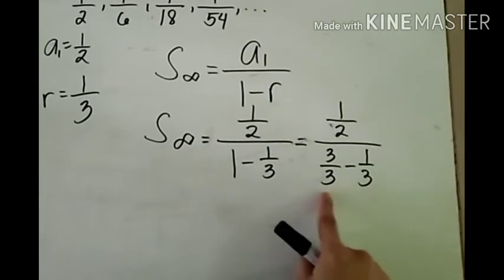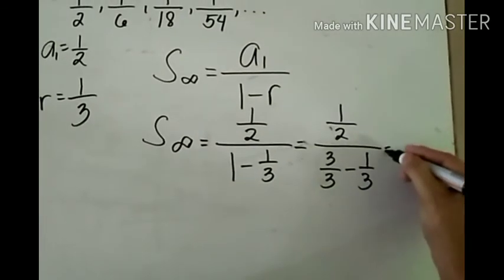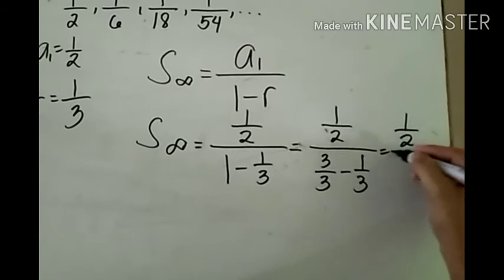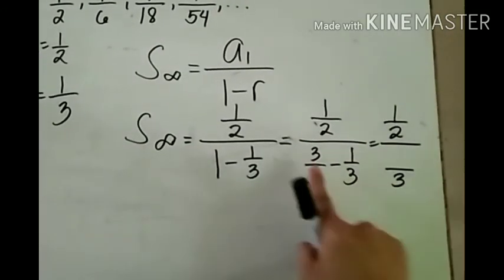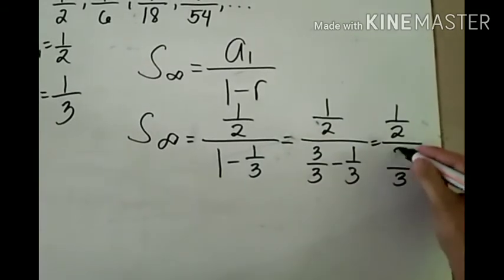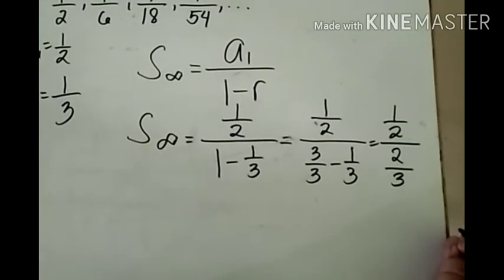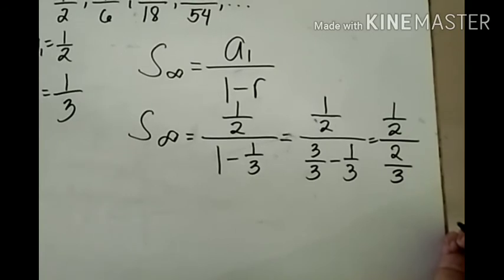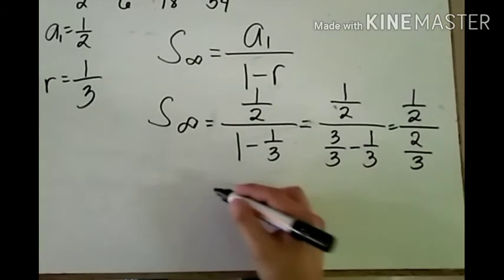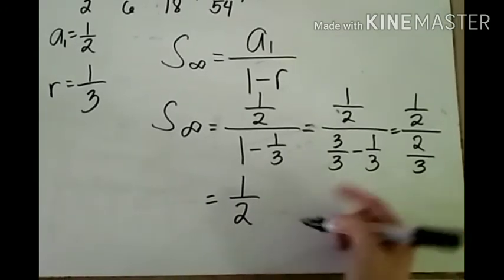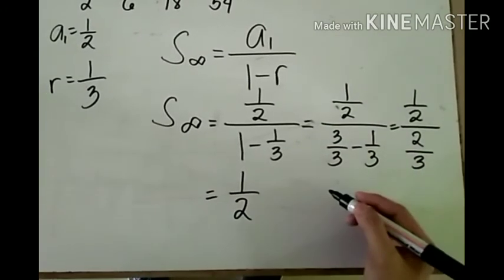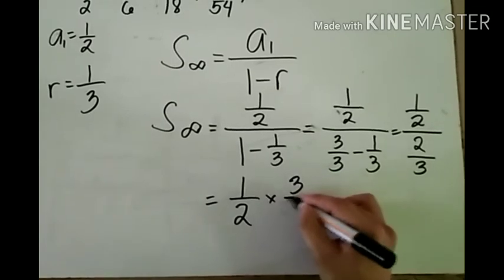And then pareho na yung kanilang denominator. So we have 1 half over, what is 3 minus 1? That is 2. So we have 1 half divided by 2 third. Next step there would be 1 half. Sulat natin yan, and then we're going to get the reciprocal of 2 thirds, magiging 3 over 2.